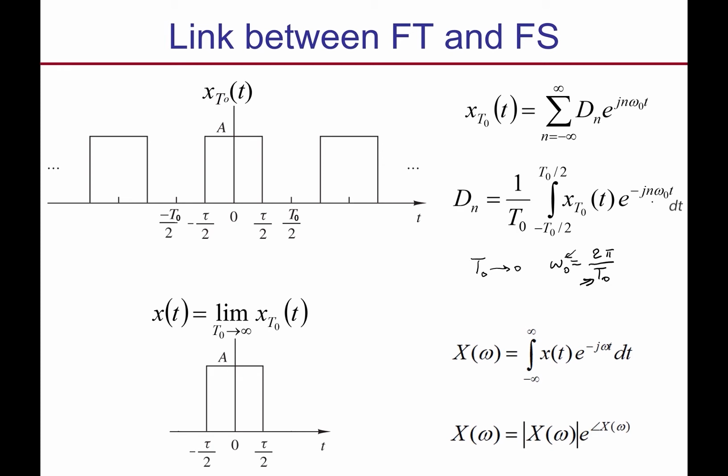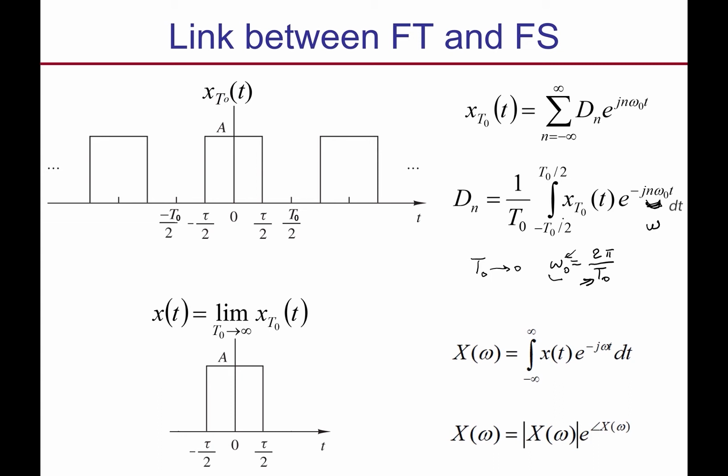And then n just keeps going to infinity. So n omega 0 is going to look like a continuous spectrum. It's not any more harmonic, because if t0 is large, omega 0 could be like 0.00001. The next harmonic 0.00002. So really, n omega 0 becomes a continuous spectrum, or continuous frequency omega.